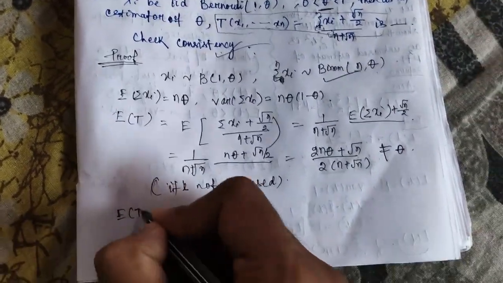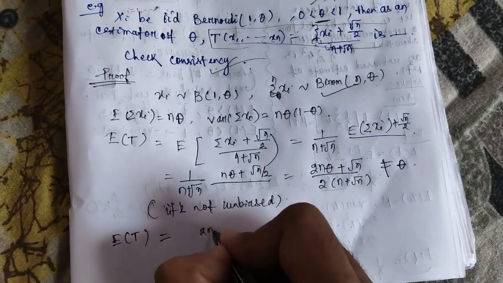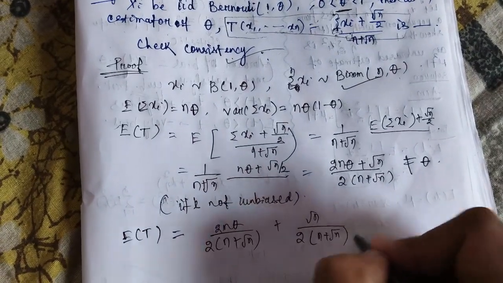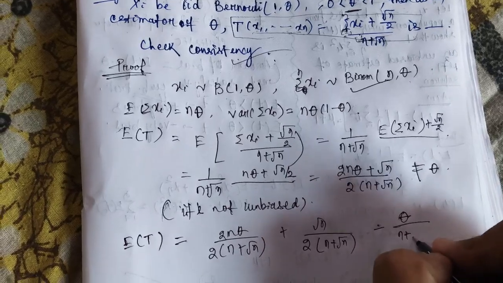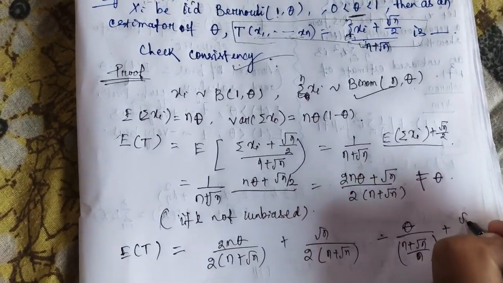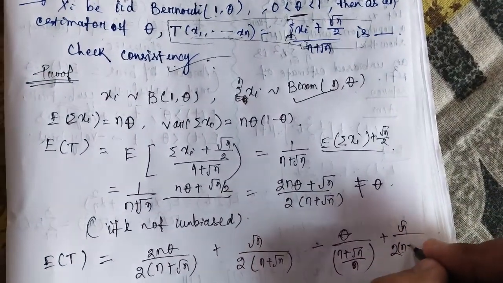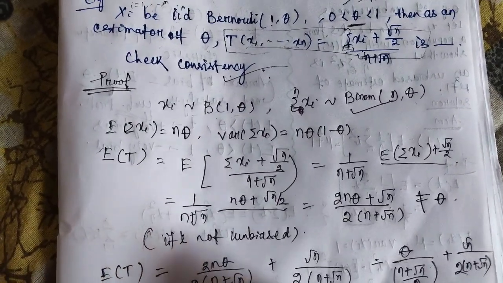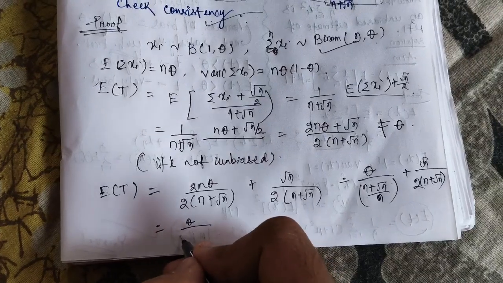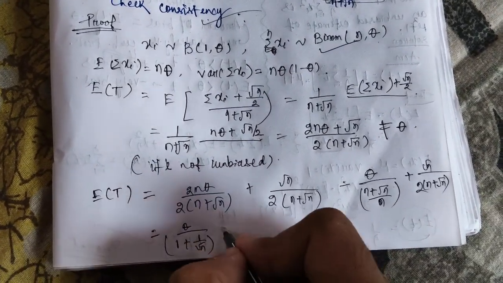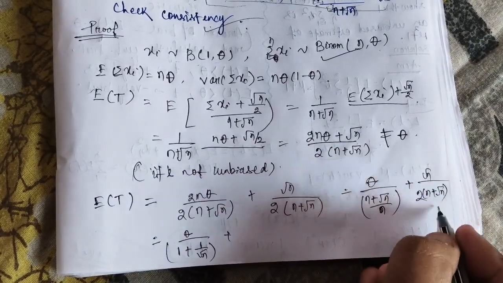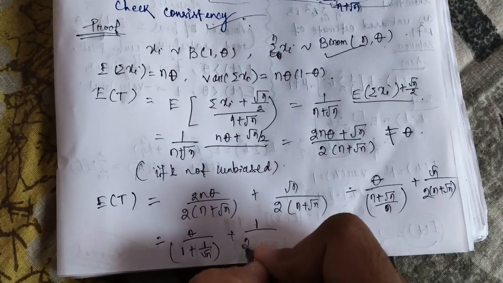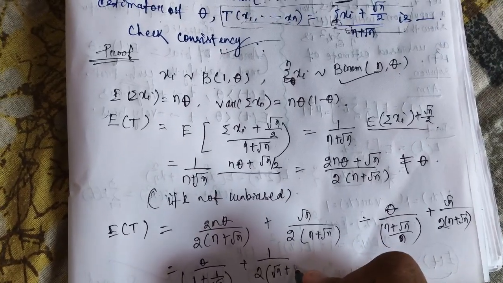Now we have to take n tends to infinity. So we can write the expected value of T as 2n theta divided by (2n plus 2 root n) plus root n divided by (2n plus 2 root n), which I can write as theta divided by (1 plus 1 by root n) plus (1 by 2 root n) divided by (root n plus 1).